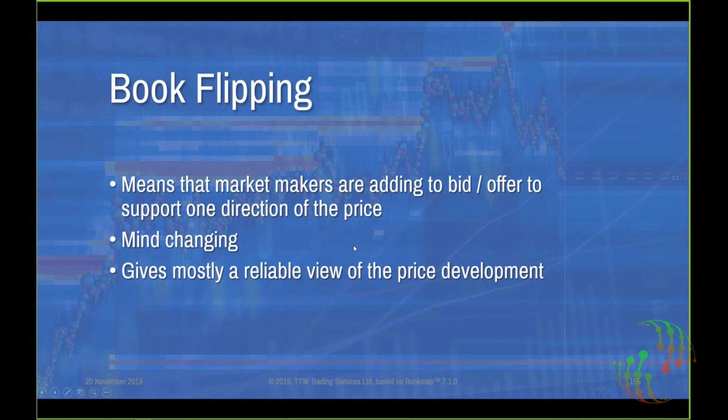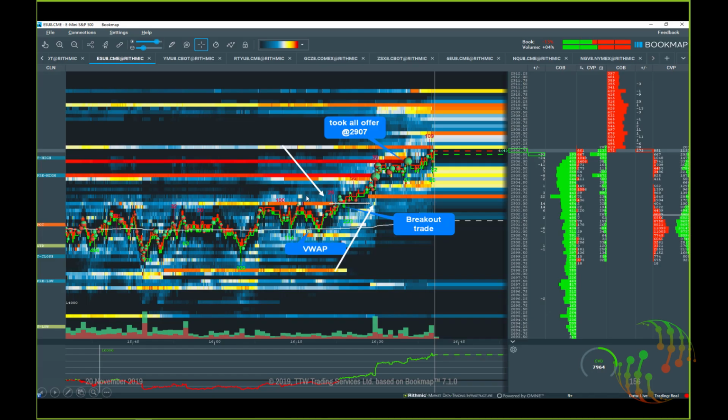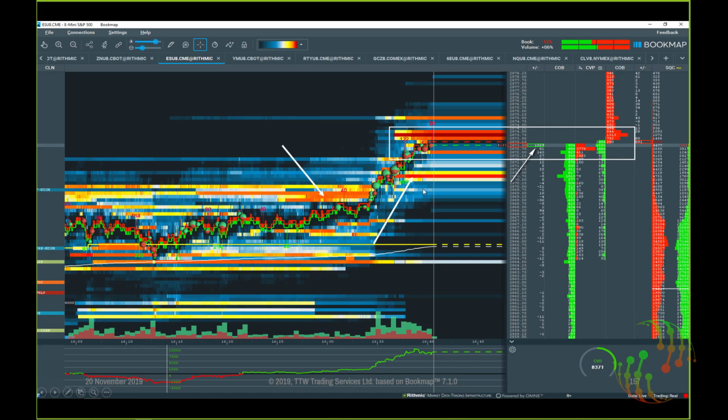Book flipping. Market is going up and then supports come in. Market is going up, absorbed everything here, and the book supports the move up. Oh, move down here. Look here. They broke this level of liquidity here, and then they are supporting the move at this price level.